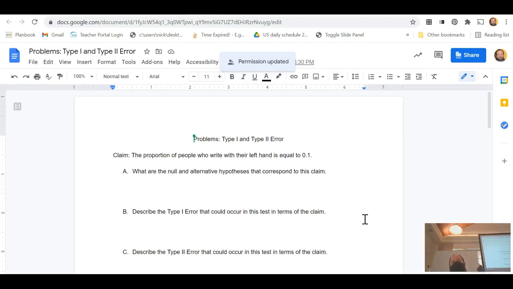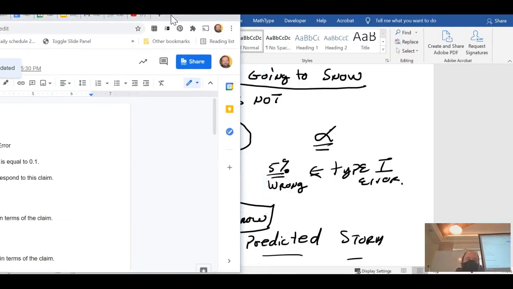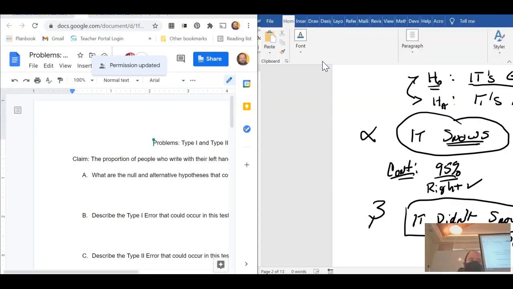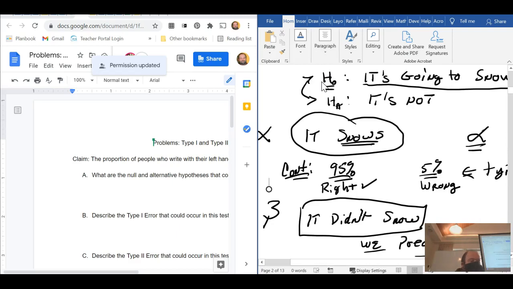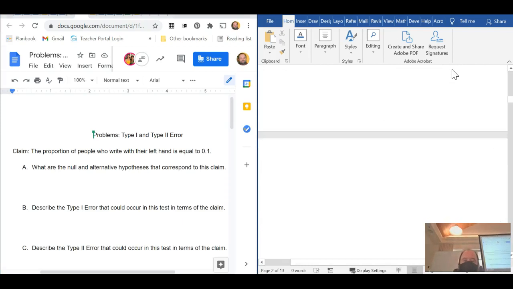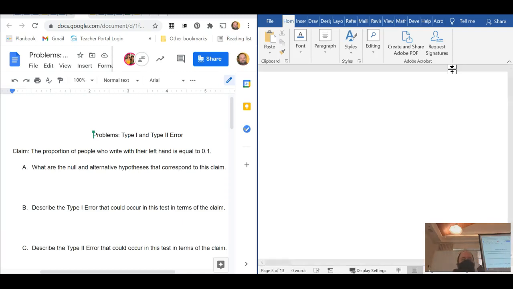All right, so what I did in the problems here is I walked through the process of trying to understand what's happening. Let's roll up a little bit here. The first one says the claim: the proportion of people who write with their left hand is equal to 0.1.